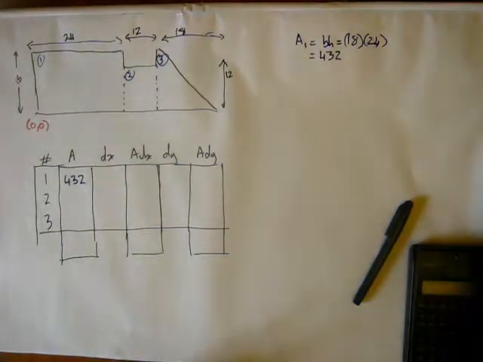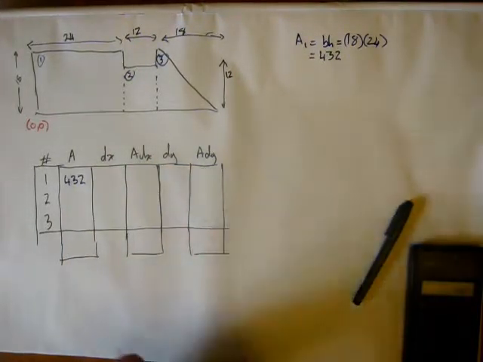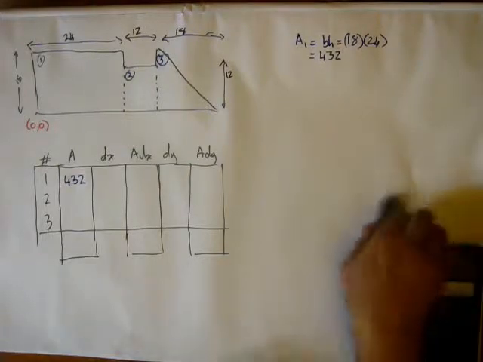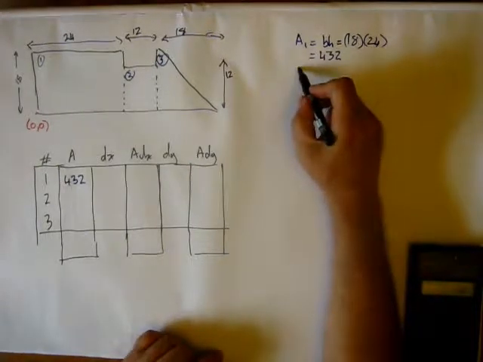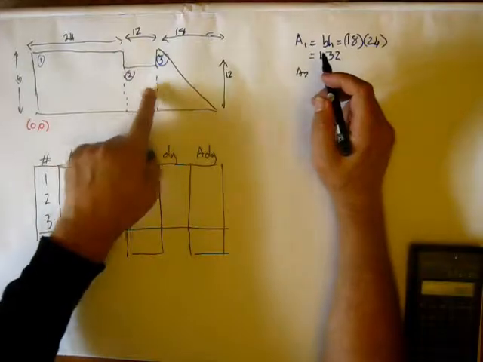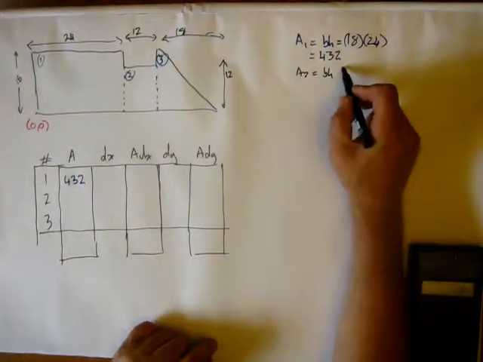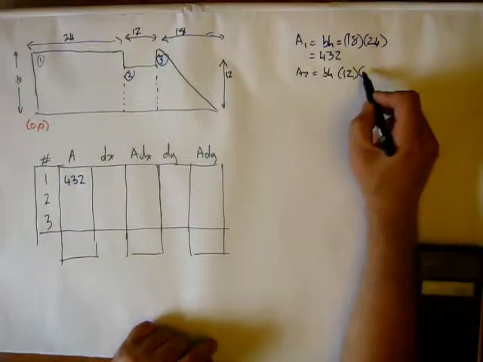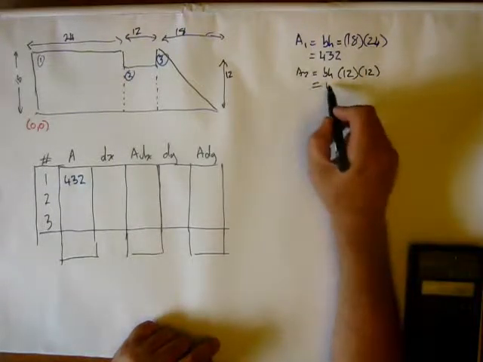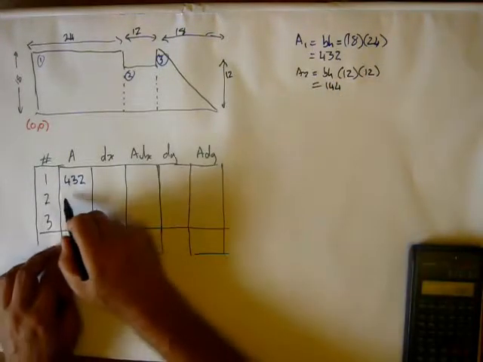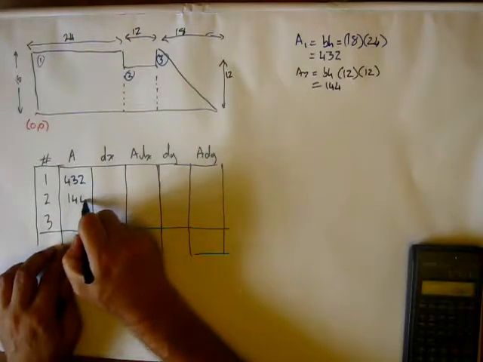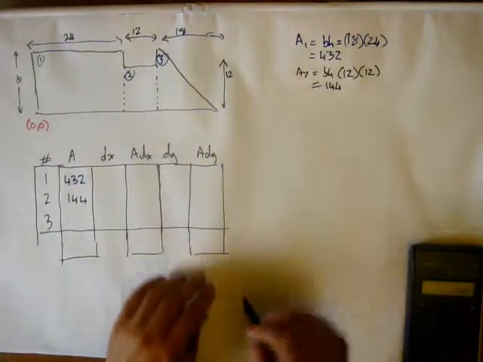Okay, so then I repeat that for shape 2. Area 2, this one here, is going to be 12 high, 12 wide. This base times height equals 12 times 12, which equals 144. So that goes into area 2. Area 3 is a triangle.